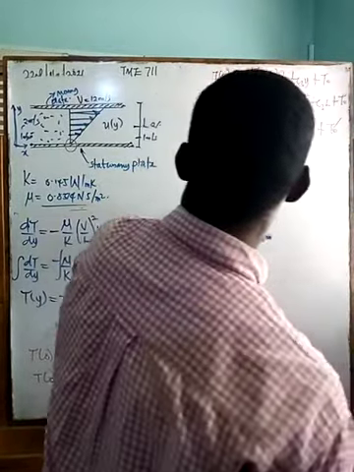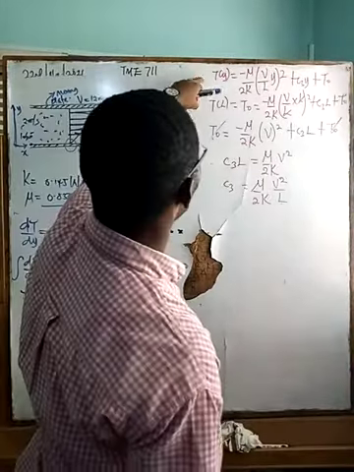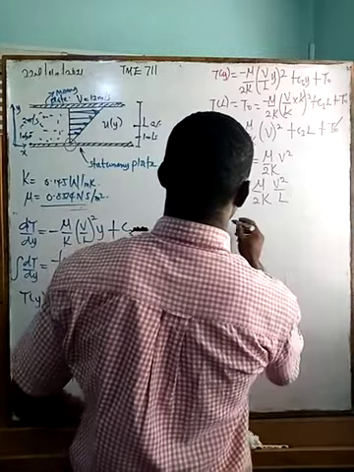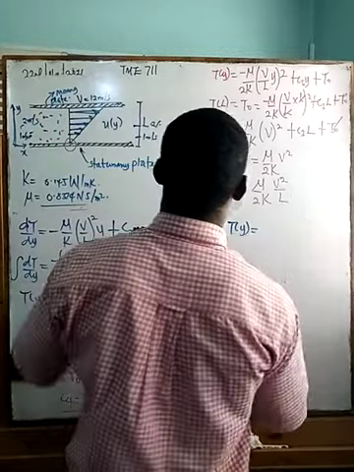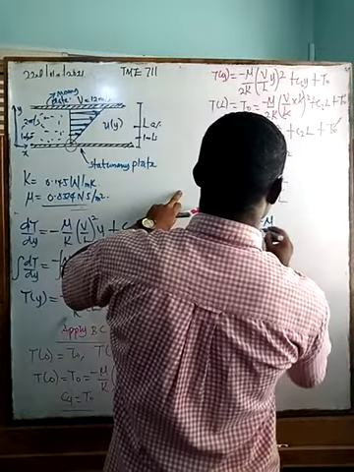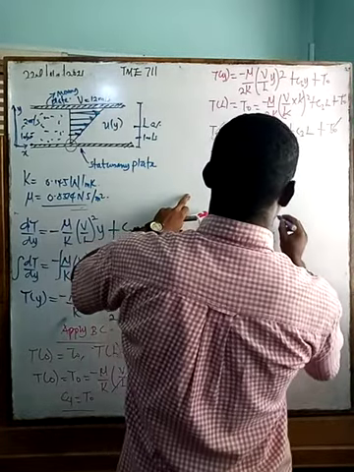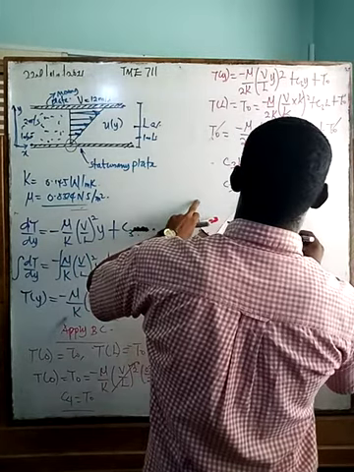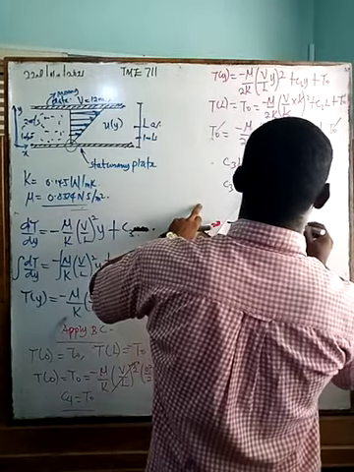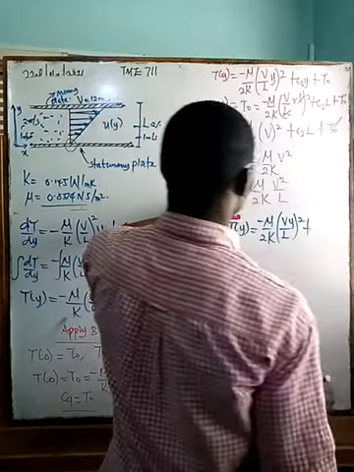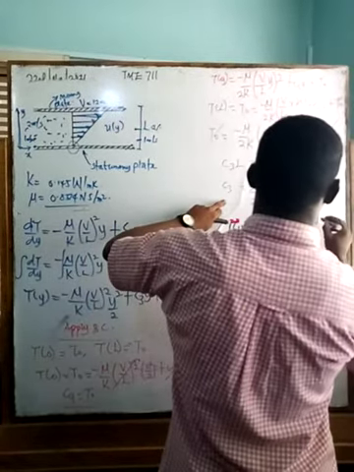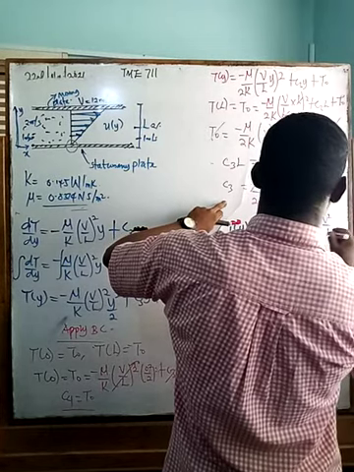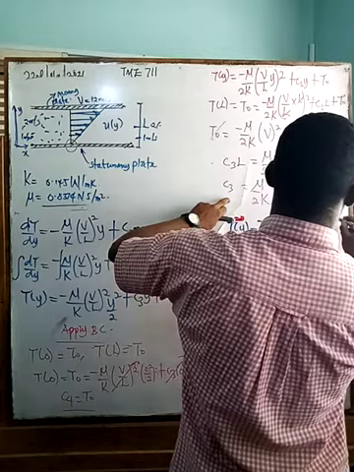So we will now substitute this value again into this equation here. So we have T of y is equal to minus mu all over 2k into brackets V all over L y all square plus what our c3 is, mu all over 2k V square all over L, then plus T0.